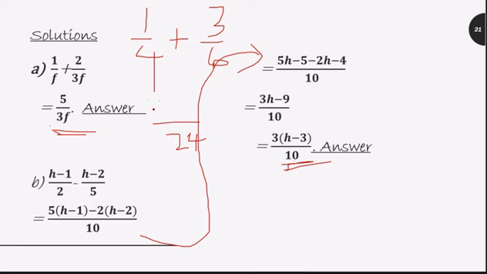And as usual, 6 plus 12, 18 over 24. So 18 over 24, here you've got 3 over 4.